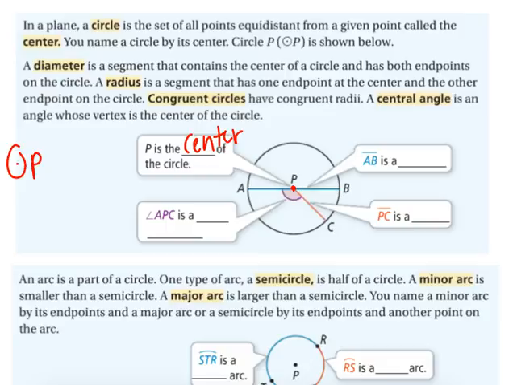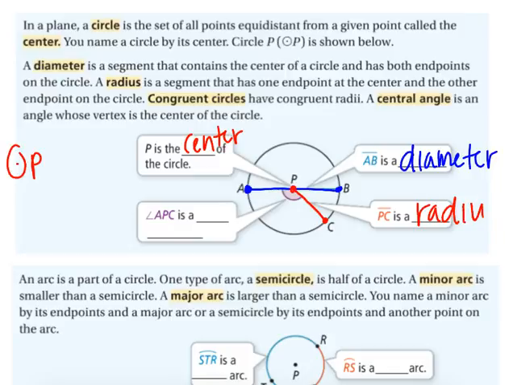If I have a line that starts at one point on my circle, goes through the center, and ends up on the other side, that's a diameter. A diameter goes all the way through the center of a circle. A radius starts at one point and stops at the center, so it's only half.